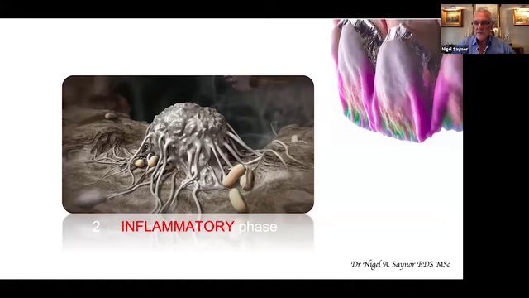Yes, you are going to lose some bone, but my feeling and views are that you tend to go for a partial bone healing, that you are far better off to go and do some regeneration rather than overwhelm the inflammatory phase and potentially create a loss.